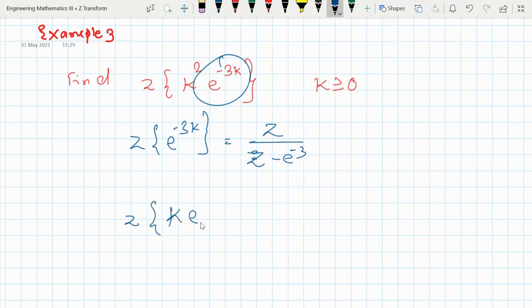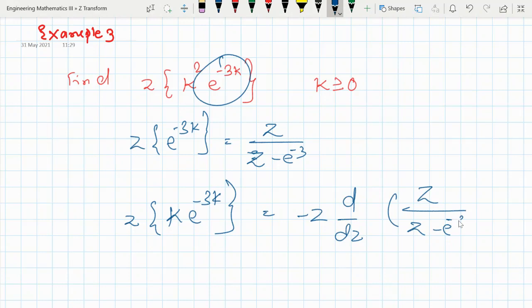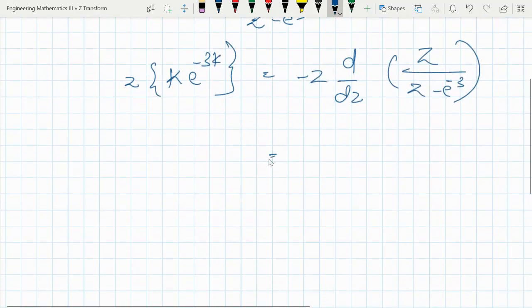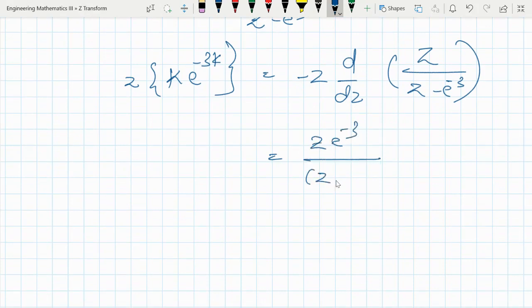The z transform of k into e raised to minus 3k is minus z d by dz of z divided by z minus e raised to minus 3, as we have done already. Okay, and its answer is z e raised to minus 3 divided by (z minus e raised to minus 3) square.